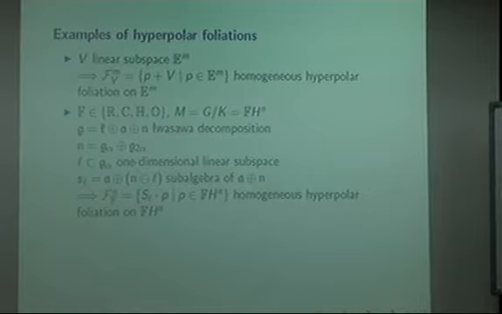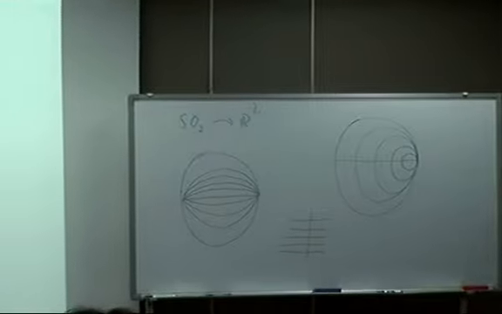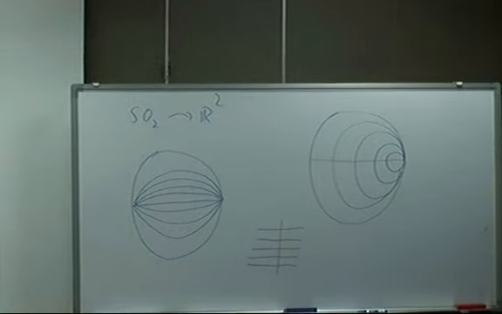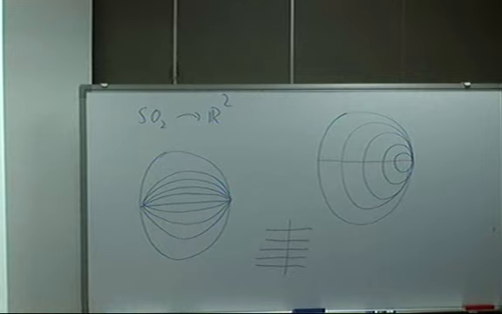This is precisely the one which has a minimal orbit. So what we then get is a homogeneous hyperpolar foliation on this hyperbolic space. It's not new to us. It has codimension 1. It's nothing new. But I want to construct something new out of these data.